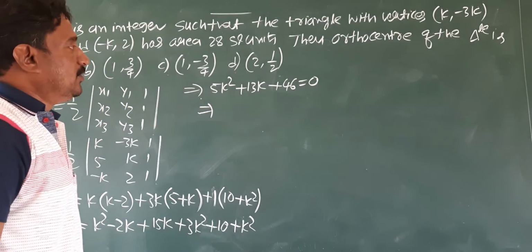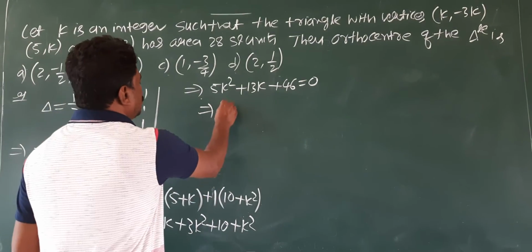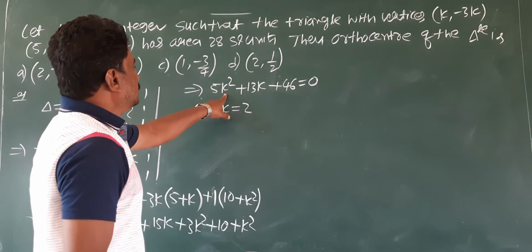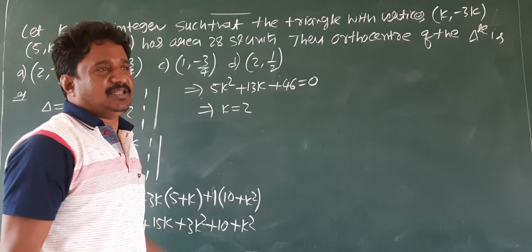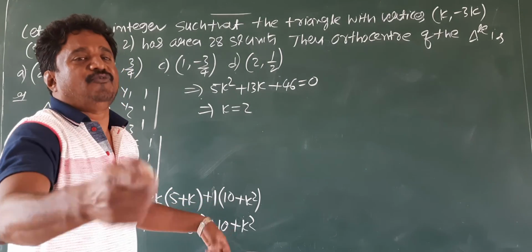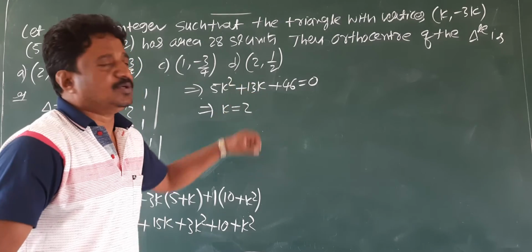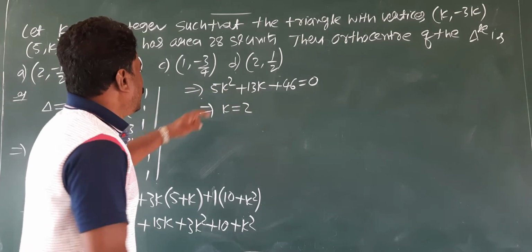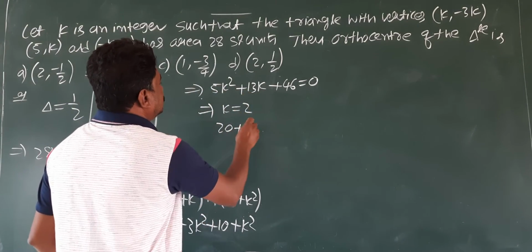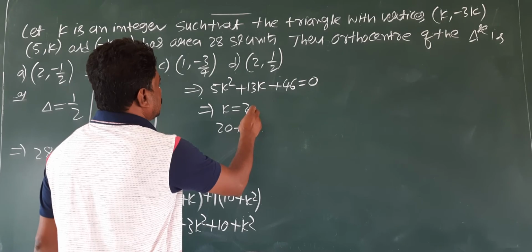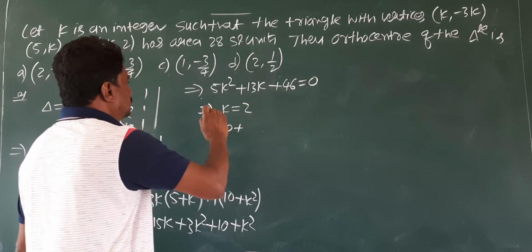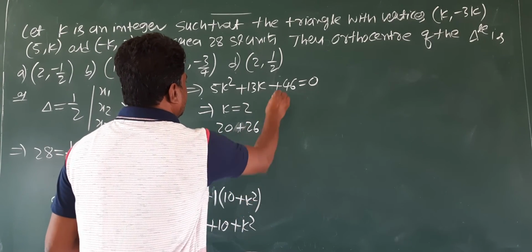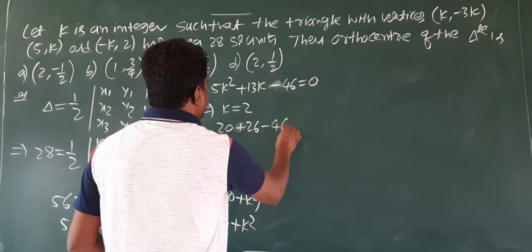Factorize this, students. Instead of wasting time with trial and error, you take k equal to 2, substitute in that and cross check: 2 square, 4 fives are 20, 13 twos are 26, 20 plus 26 minus 46 is 0.